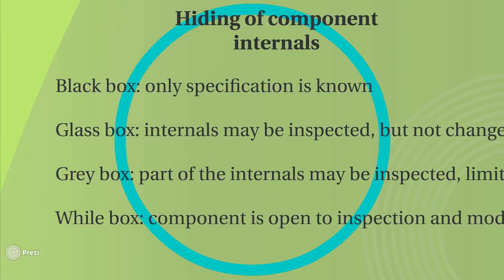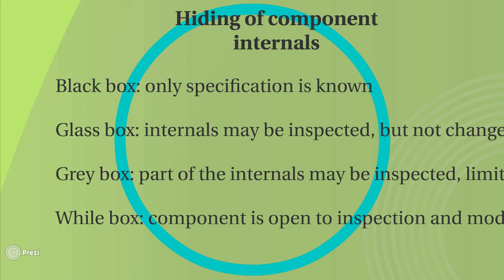One of the important aspects of the component object model is to hide the component internals. That's why we have different types of specification. We can categorize them into black box, glass box, gray box, and white box.